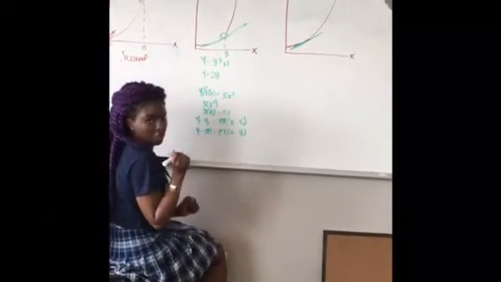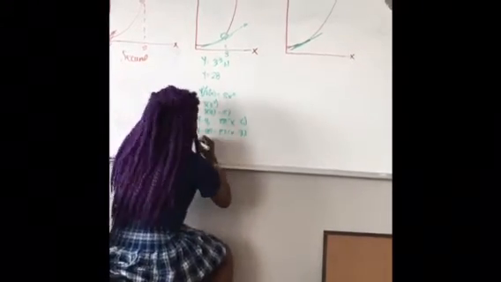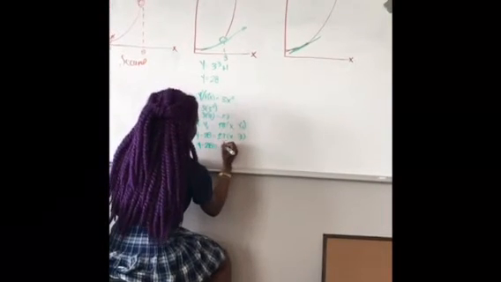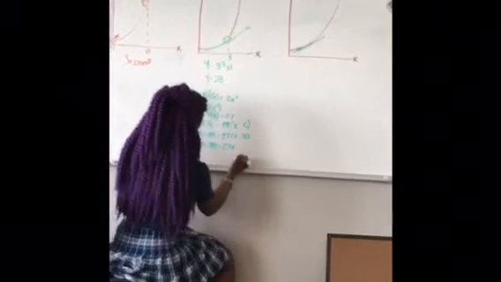I gotta do this the long way because I can't do this in my head. Y minus 28 equals 27x.